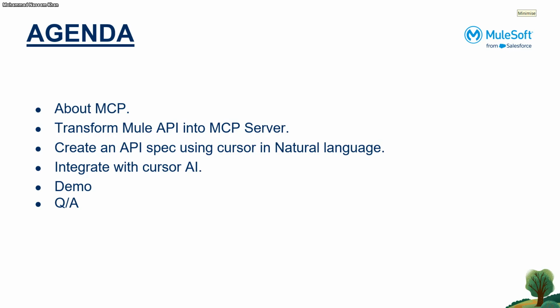And I'll show one more thing: how we can create an API specification in RAML just by typing natural language, like create a process API for policies or any BFS or any project like Salesforce. It will get created in our Design Center, and I'll demonstrate it, and we'll have a question and answer session. So these are the agenda items for today's event.